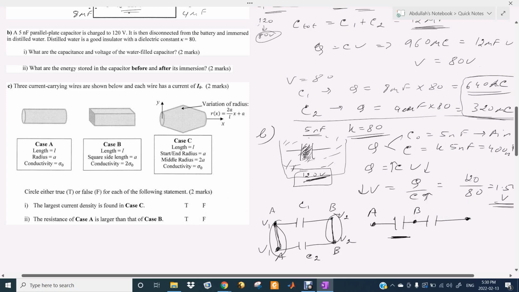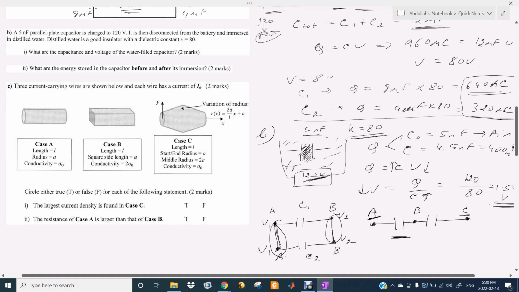Similarly, for node C, the voltage is different than voltage B, which is already different than voltage A. So voltage A and voltage C are not equal. Therefore, it has to be in series in this case. Now, to make it parallel, you just have to connect A and C with a short circuit. Then it will become parallel. Otherwise, it is not.